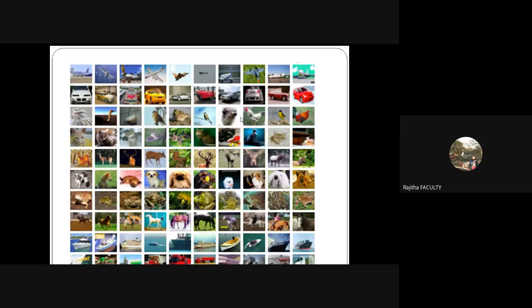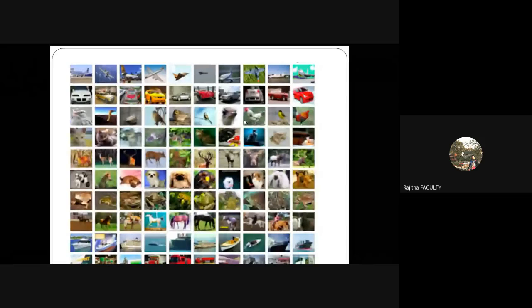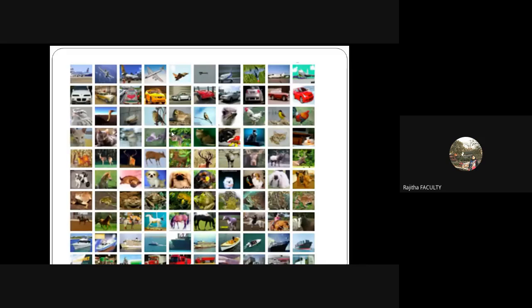Then you can observe this is one such image which satisfies, and this is another, and I don't think any other birds are present here. So these images are said to be positive samples for my query, and the remaining ones are not birds, so I can say those are negative samples for my query.